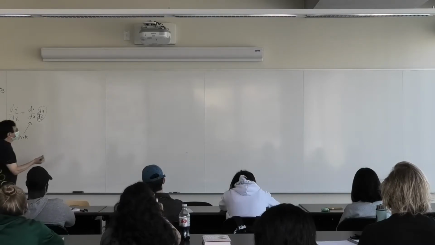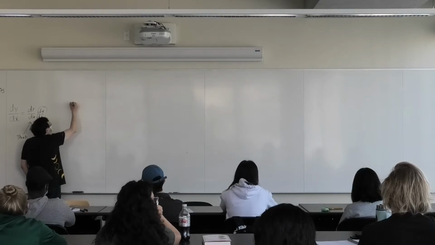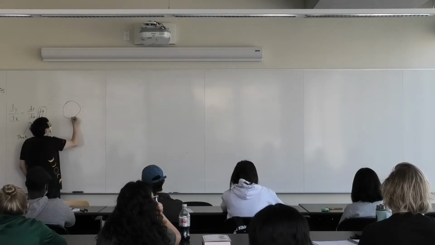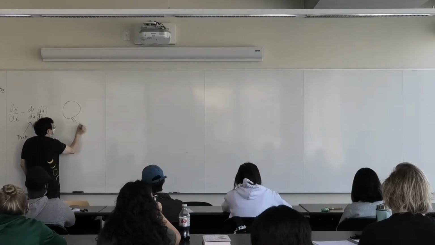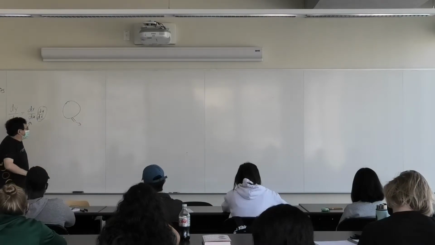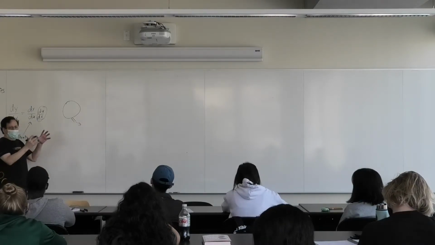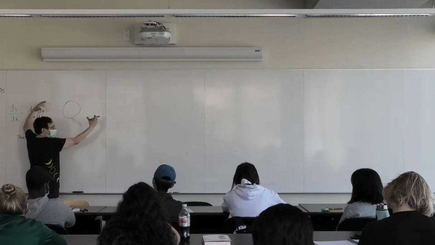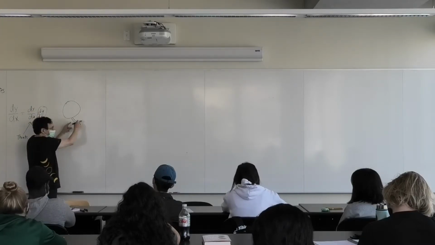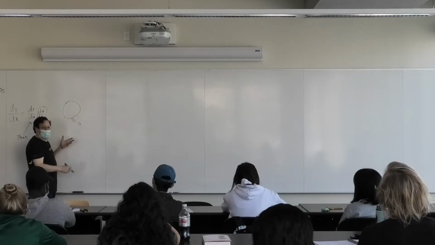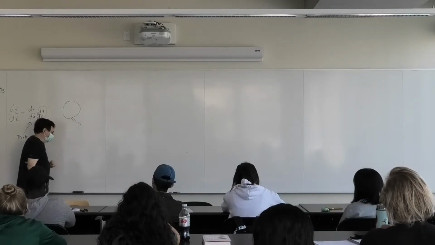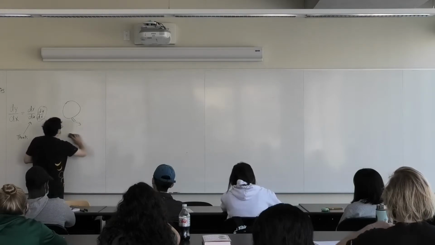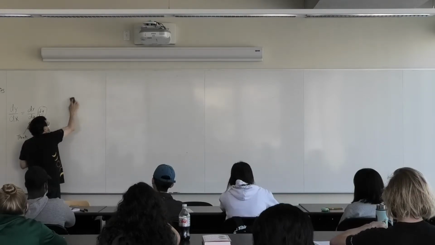In a real physics problem, you might have a balloon expelling gas, and it shrinks, but the rate at which it expels is not constant, right? The bigger the balloon is, the more tension, so it's going to squeeze it out faster. So now we've got a more complicated problem. We're not going to do that problem. That's for your physics class.